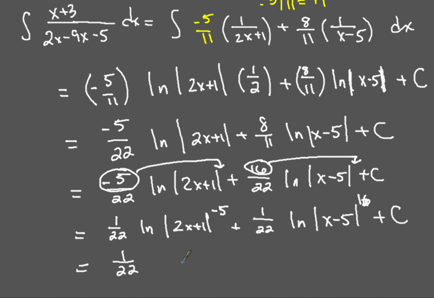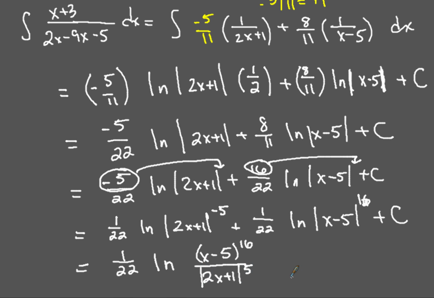Now our powers of absolute value. Let's pay attention to a couple things here because we're going to have natural log. In the numerator, we're going to have x minus 5 to the 16th power. Because that's an even degree, that is always going to be positive. But the 2x plus 1, since that's to the 5th power, we're going to have to make sure we put absolute value bars around that.